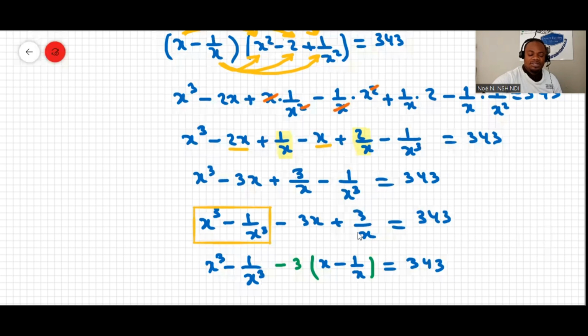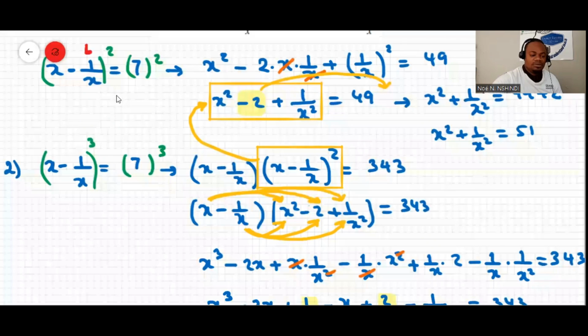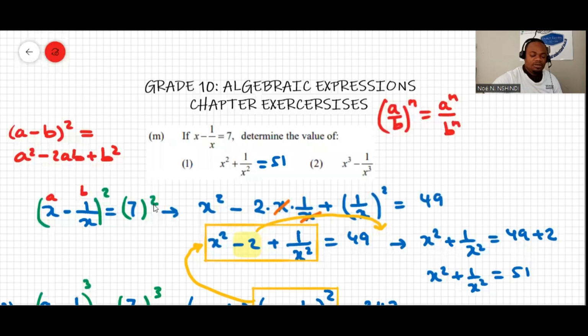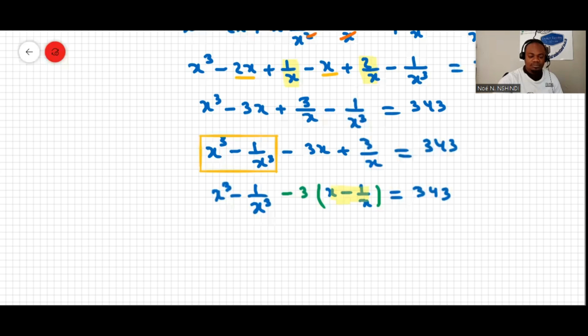Now, this was given to be equal to 7 initially. They said x minus 1 over x is equal to 7, so this is already 7. And then we will have x cubed minus 1 over x to the power 3 minus 3 times 7, which is 21, negative 21, equal to 343.